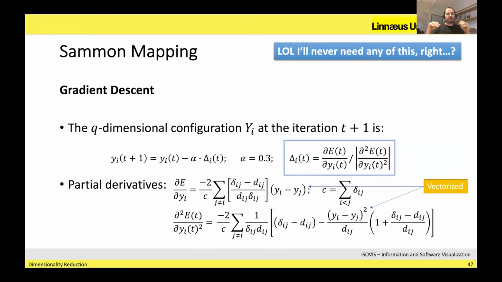So he gives the partial derivatives for the first y, like the x-axis, let's say, of the 2-dimensional representation, and then the y-axis, and it makes it separate. And I compress them together. That's why I put here vectorized, because mathematically speaking they're not correct, but they're correct if you consider them as numpy vectorizations.